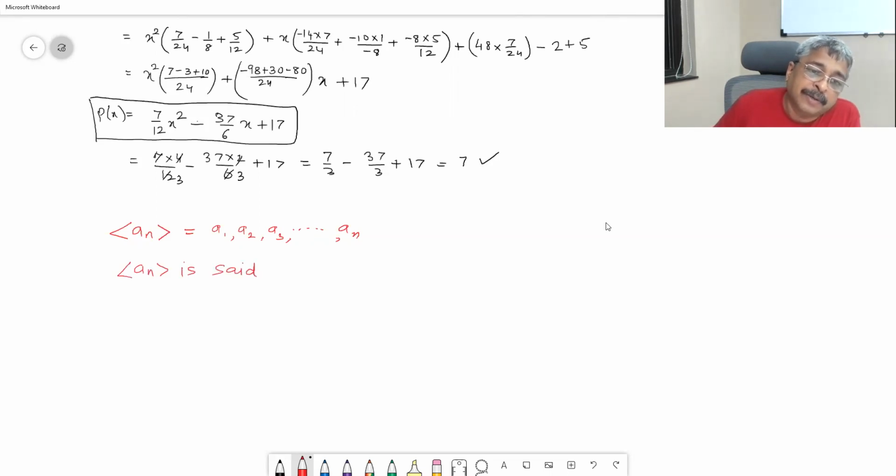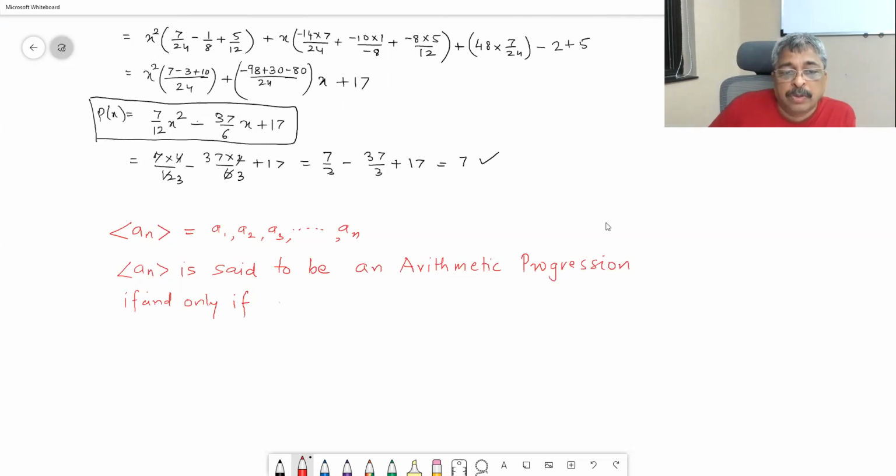Now, AN is said to be an arithmetic progression if and only if Tn plus 1 minus Tn is constant, where Tn is the nth term.